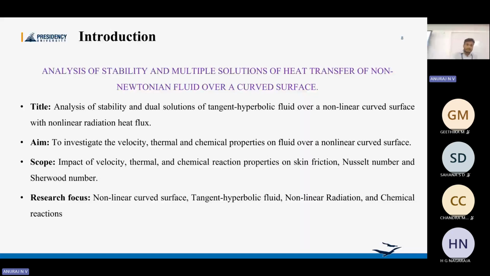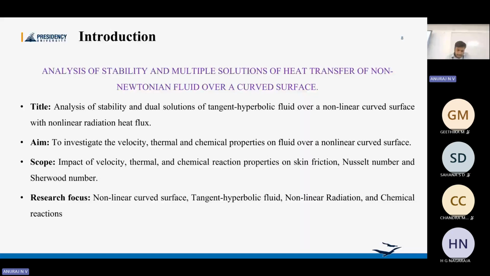Here my aim is to find the dual solution of the problem. Dual solutions are important because they reveal that variation in the mass transfer or suction parameters can lead to multiple mathematical flow states, enabling researchers to distinguish between the physically reasonable state and unstable mathematical solutions.